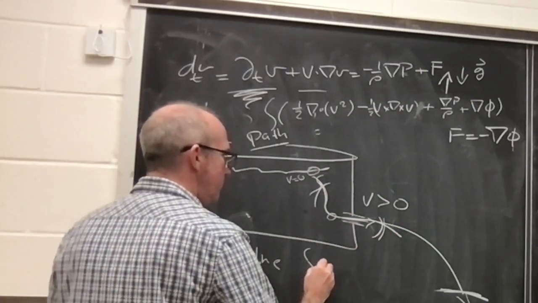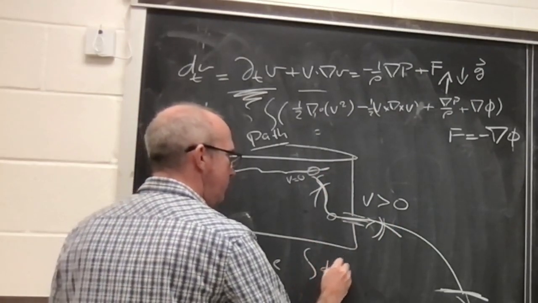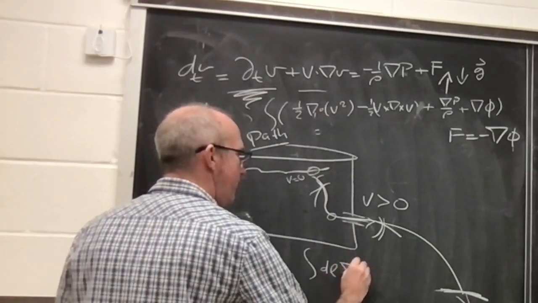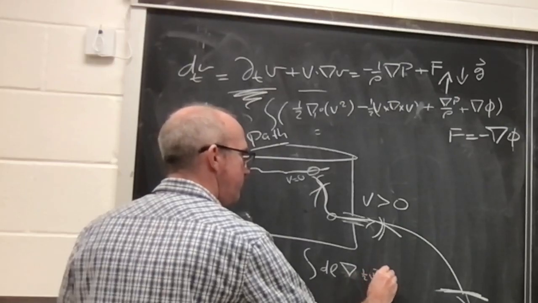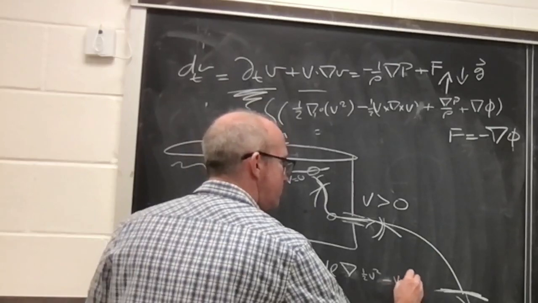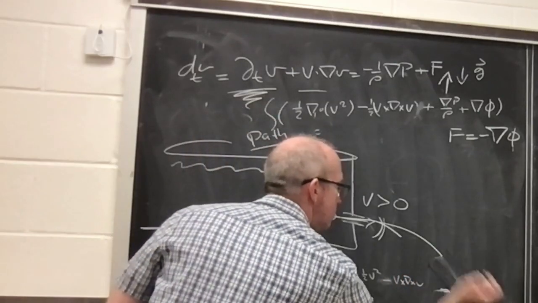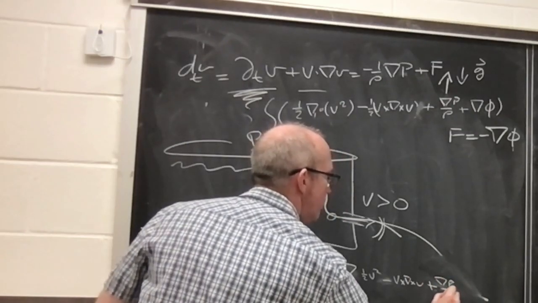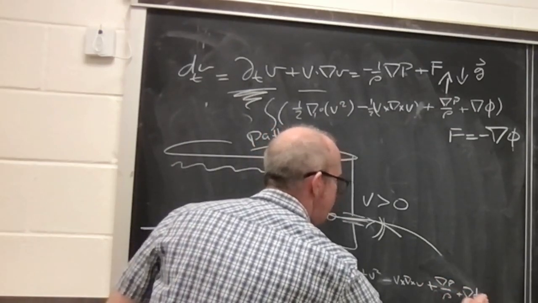So I'm going to integrate along dl of, let's pull that 1/2 inside, grad 1/2 v squared plus, oh there's a minus, minus v cross del cross v plus grad p over rho plus grad phi.